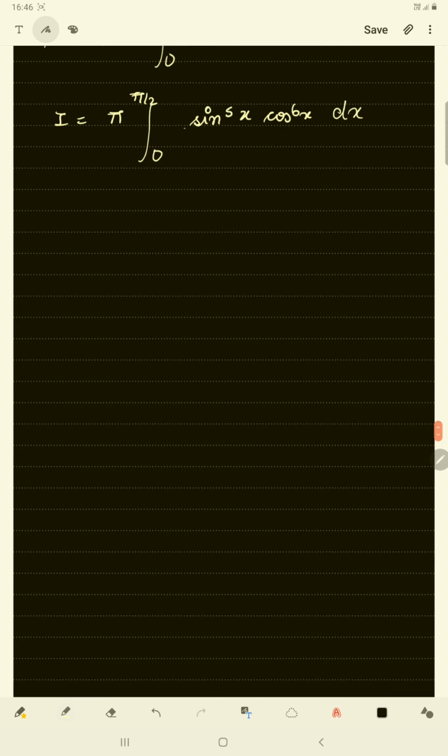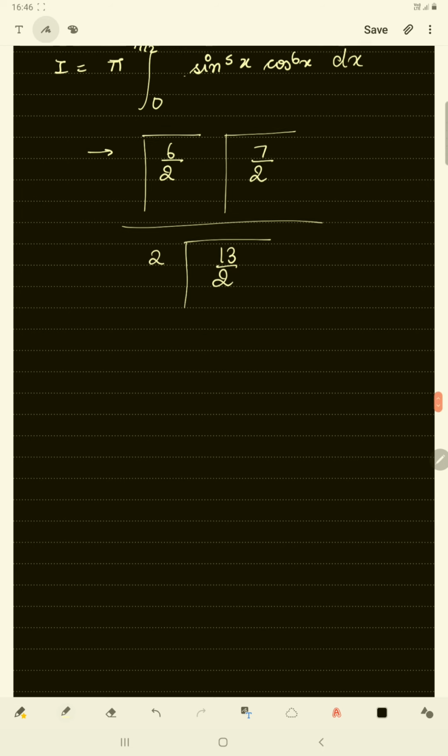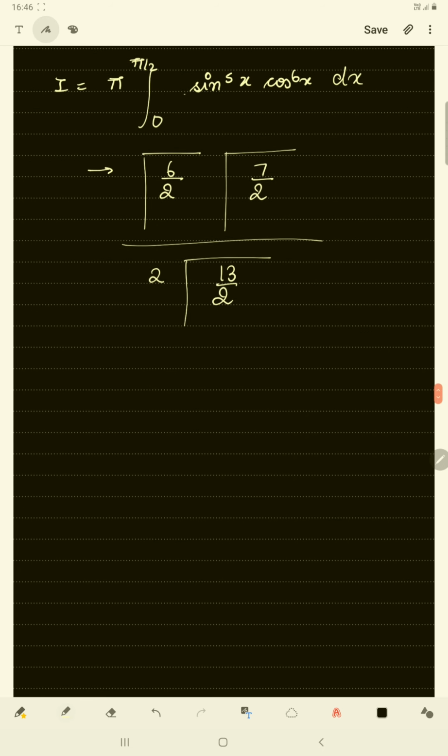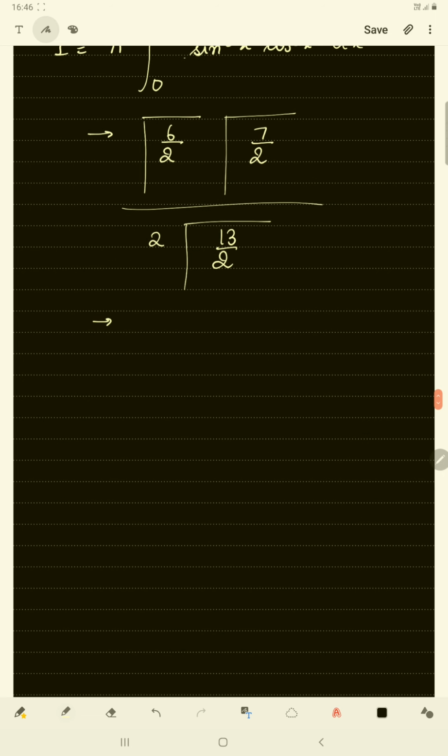Now applying the gamma property directly, we can simply write gamma of (5 plus 1) by 2, gamma of (6 plus 1) by 2, upon 2 times gamma of (5 plus 6 plus 2) by 2, which is 13 by 2. If you don't know how to solve the gamma property, we have discussed it in the second or third video of the definite integration play series.